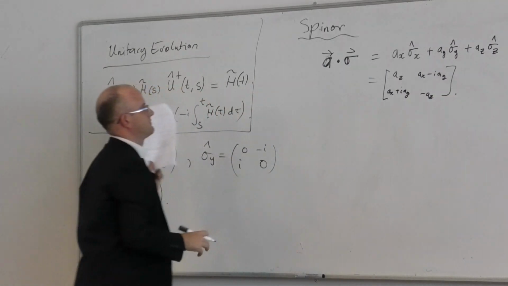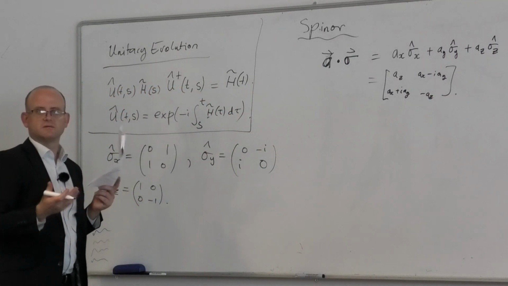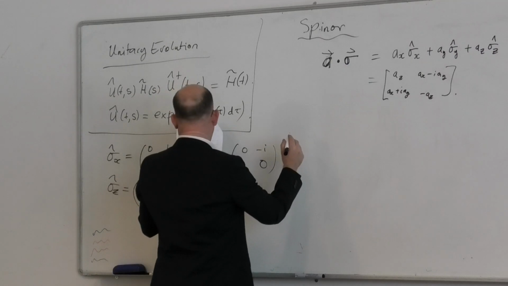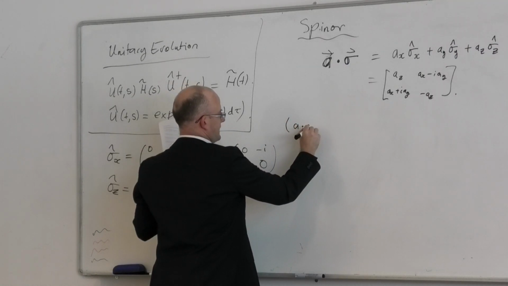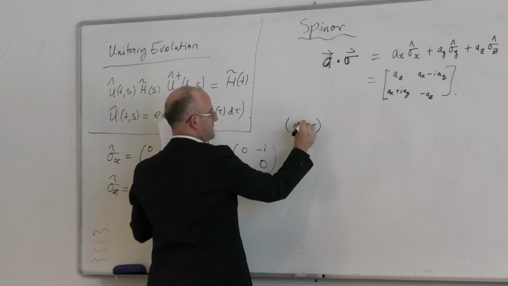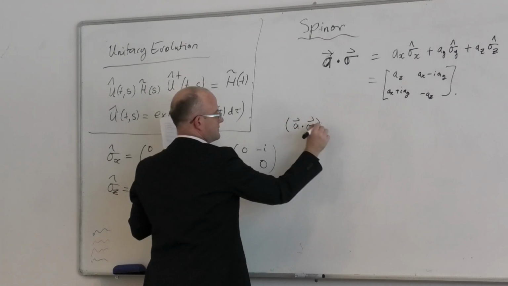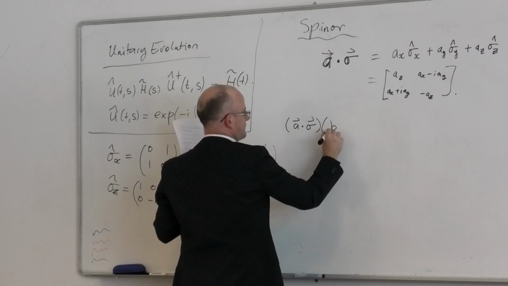Okay? Everybody okay with that? What that means? Alright, well, a spinor is something that will follow the rule for A dot sigma, and you can prove this using the matrix algebra. It's probably the easiest way.